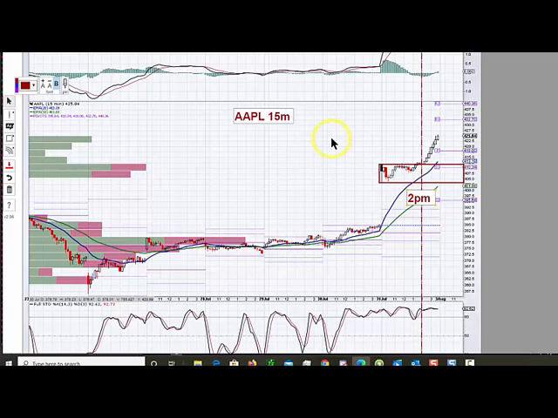On SPY, 323 has been a great level to key off of. So just be aware of price when it comes into and reacts to these key support and resistance levels. And I think your trading will improve.